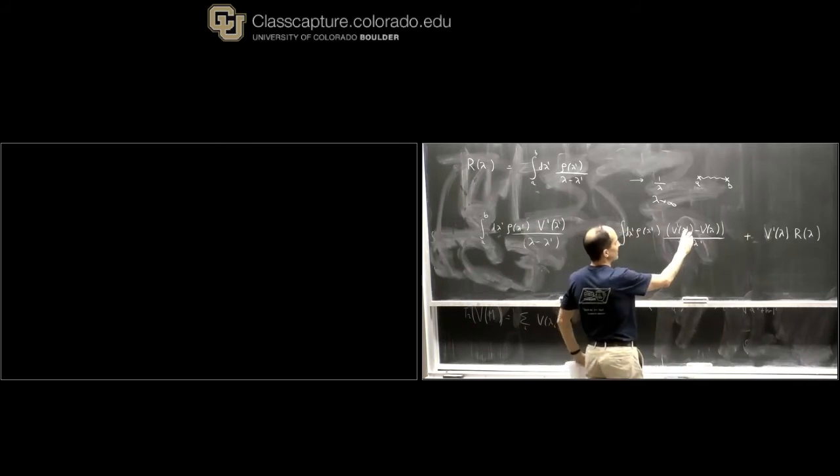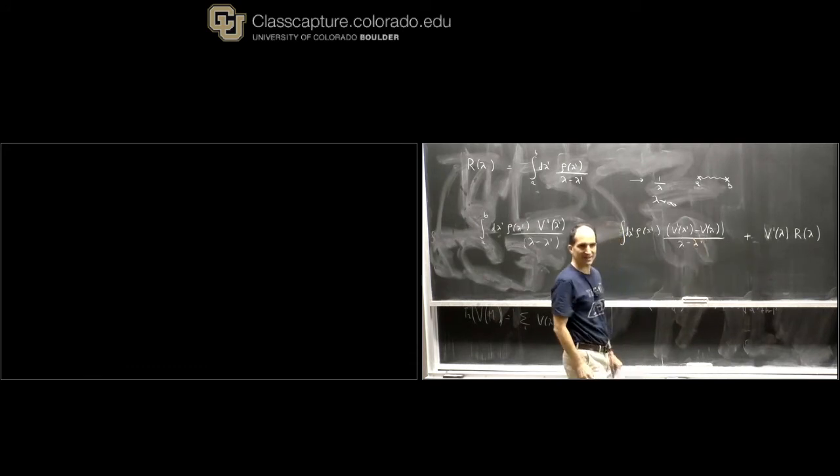But this function here has a nice property. If v is a polynomial, then when we take a difference of these two polynomials, we can cancel a factor of lambda minus lambda prime, and so this integral has no singularity at all. It's just the integral of some polynomial, and so that's a completely analytic function. It's just a polynomial of lambda.